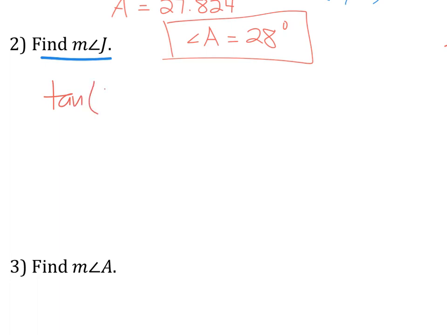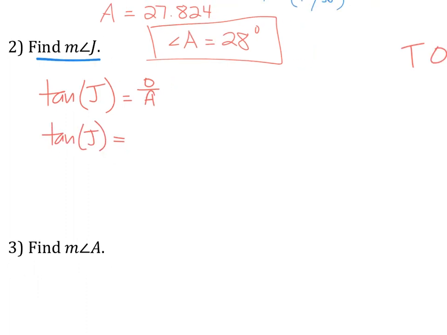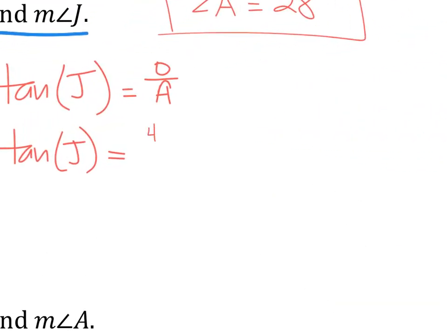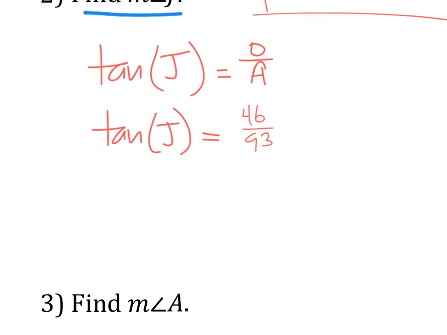So if we go back, we set this up. Tangent of angle J is opposite over adjacent. Tangent of J is 46 over 93. Again, I want to get the J all by itself, so I'm going to do the opposite of tangent, which is tangent inverse, because that will allow those to cross out and leave me with angle J. But since I did the tangent inverse on the left side, we have to do the tangent inverse on the right.